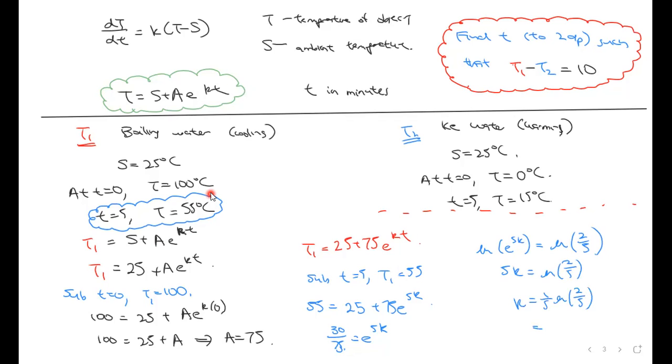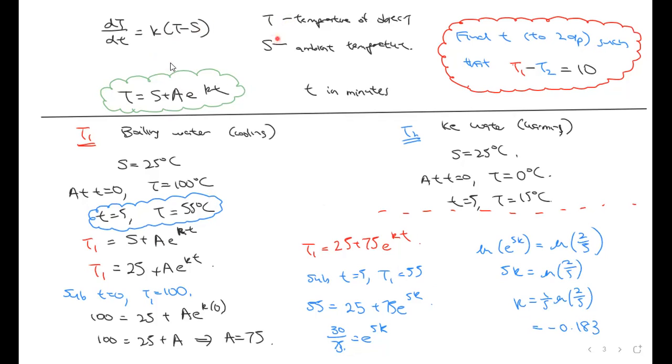If you prefer, you can use a calculator to then say that's negative 0.183. And just think about if that makes sense, right? We're saying k is a negative value. T minus S, T is the object, in this case the boiling water, so it's hotter.